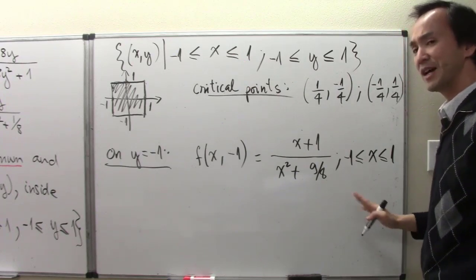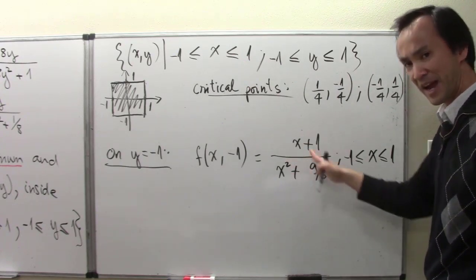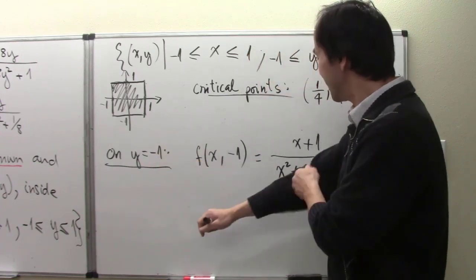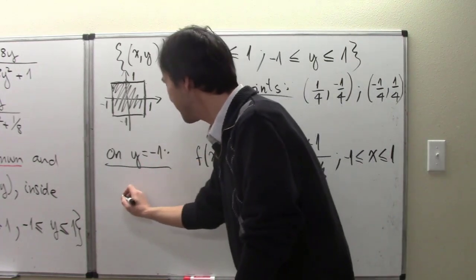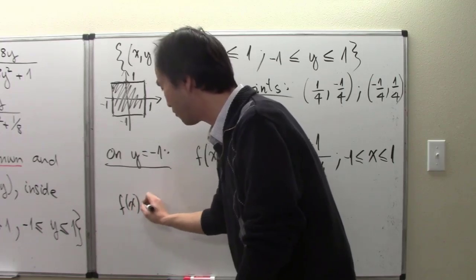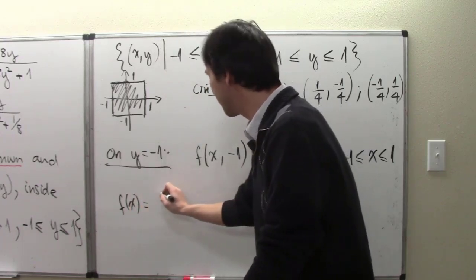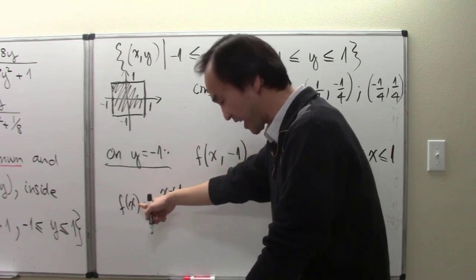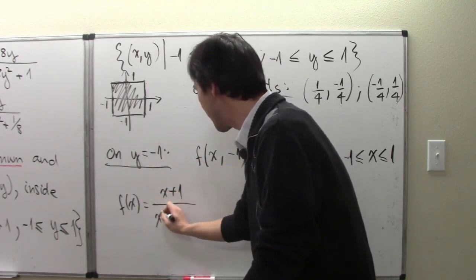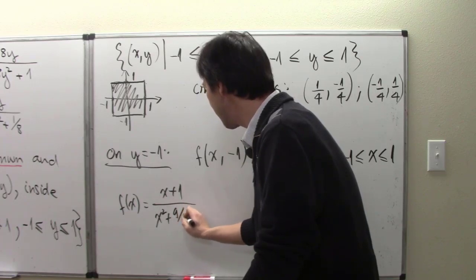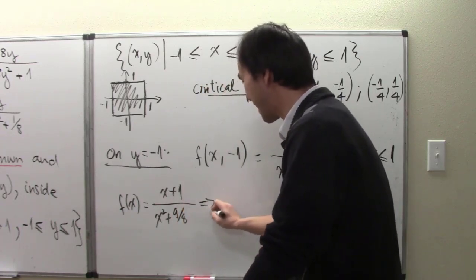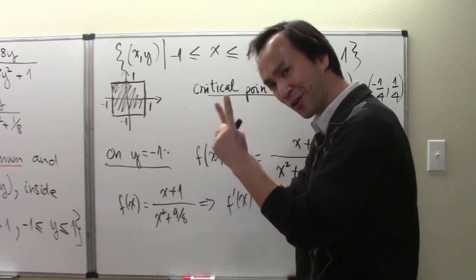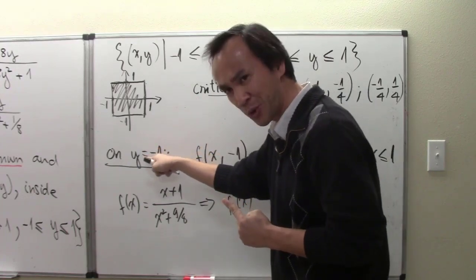All right, so now on that path right here, on that trace where y equals negative 1, we can call this some function f of x right here. Now only one variable, right? Being x plus 1 over x squared plus 9/8 at the denominator. But then we start doing that f prime thing to find the critical value on this trace right here.